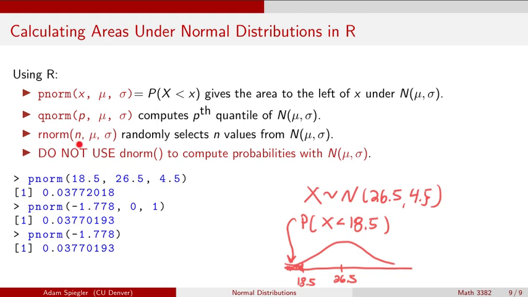Another is rnorm, which we use to randomly select values from a normal distribution. And in the past, with discrete distributions, we've seen that there are functions d, enter the distribution name, that can be useful. With continuous random variables, we're not going to want to use this d function. So we're not going to want to use dnorm to calculate any probabilities.